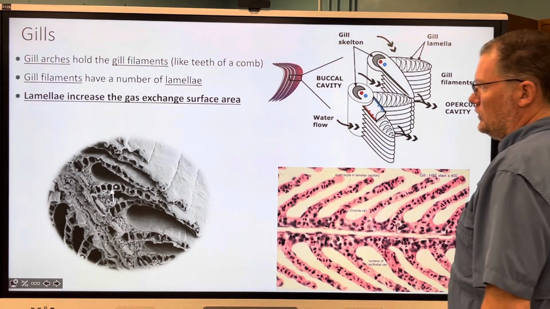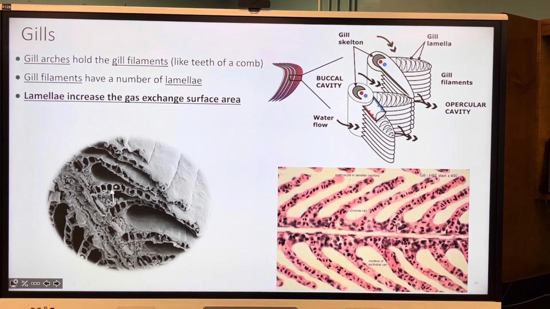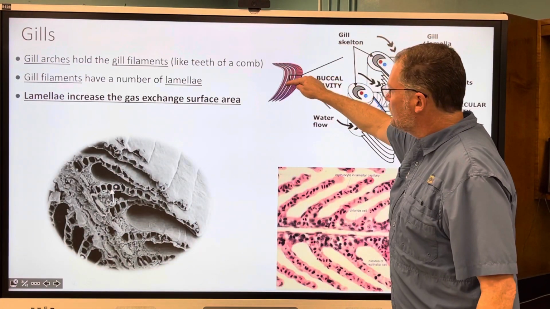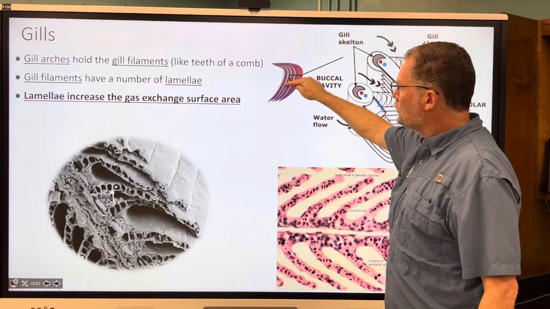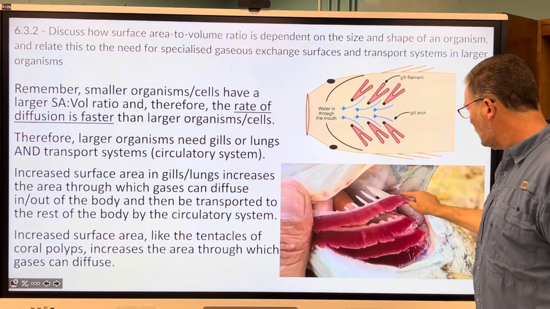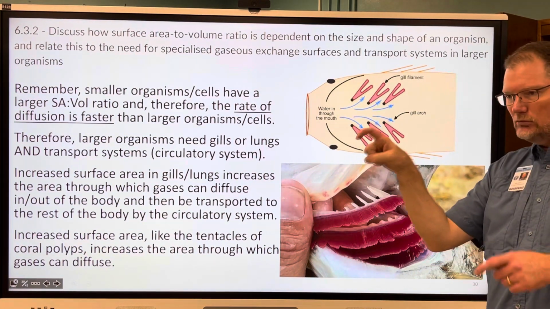So gills, here's the pieces of the gills that I was referring to before. Gill arches are these cartilaginous, I believe they're cartilaginous, I don't believe they're bony, arches. And you see them back here again. These are the gill arches, okay? They're arched.